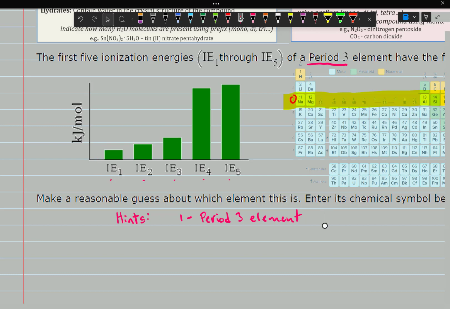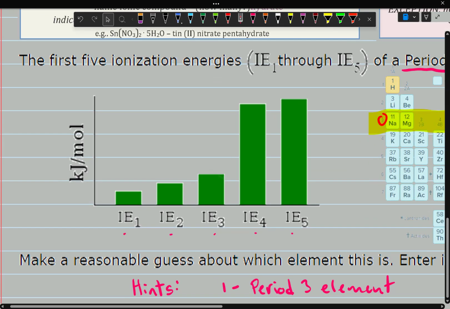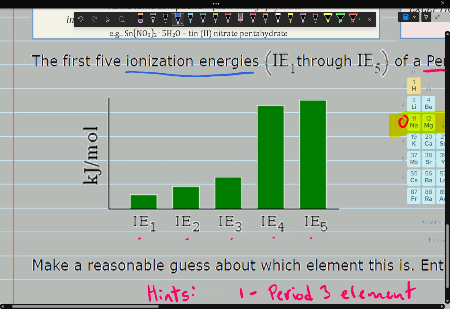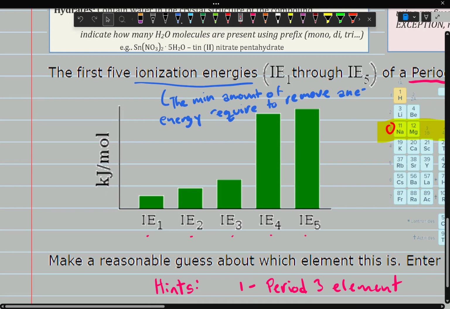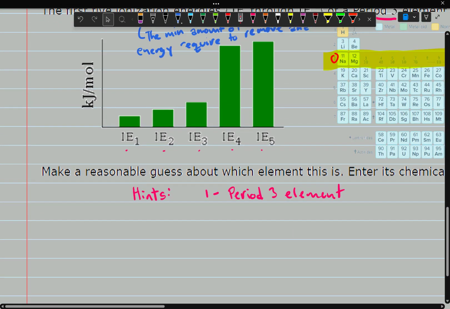So what does ionization energy even mean? Well, to put it simply, the ionization energy is the minimum amount of energy required to remove an electron from the atom. Think about an atom.